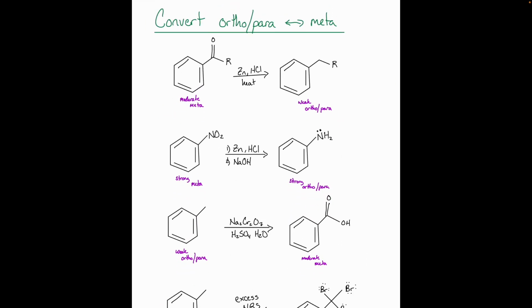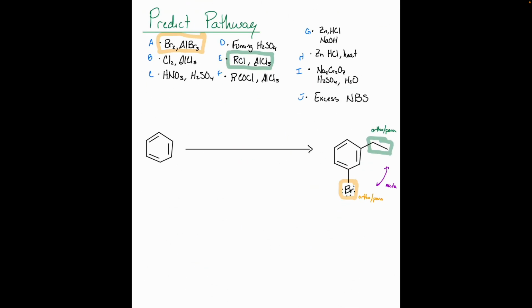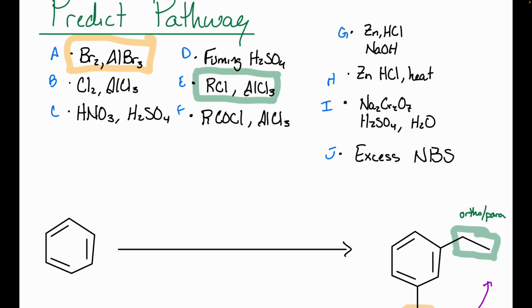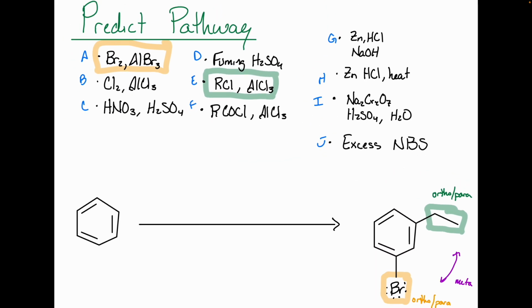And in particular, the one that would make an alkyl group is to first start out with that acyl group and then reduce it using zinc, HCl, and heat, all right? So I could use that green reaction there, E, to make an alkyl group, but that's not going to help me make my product. So instead, I'm going to use the acylation reaction in combination with the reduction reaction in order to get that alkyl group on there, all right?